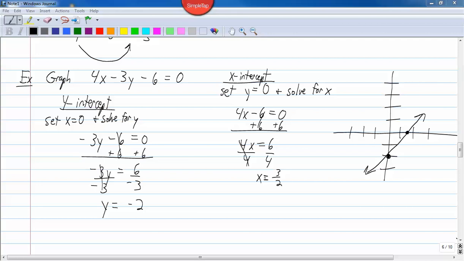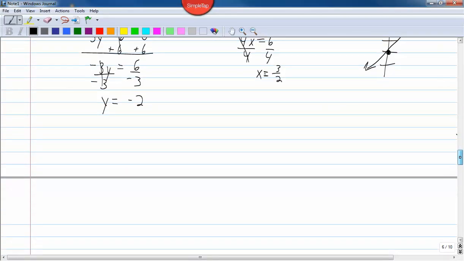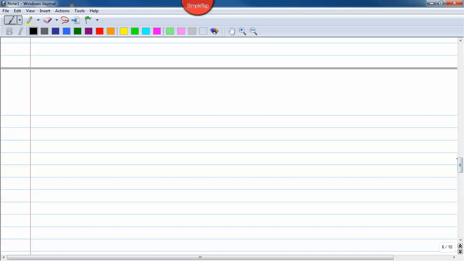Alright. So don't use the point-slope form to help you graph. Either put the equation in slope-intercept or general form. Those are the two forms. Let me show you how to graph an equation in slope-intercept form really fast.